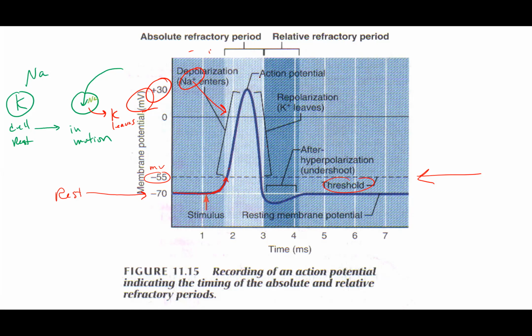Now it's going to do the downward slope here, which is repolarization, which is now relaxing. Contract, relax, contract, relax, depolarize, repolarize. So when you hear the word repolarization, just think it's relaxing. When you hear depolarization, think contraction.